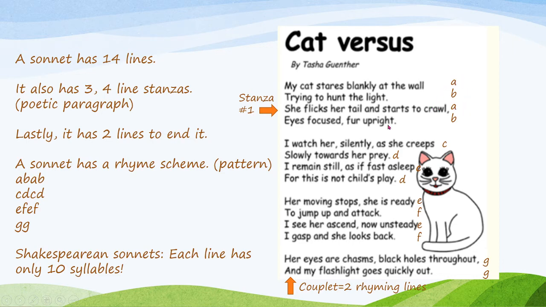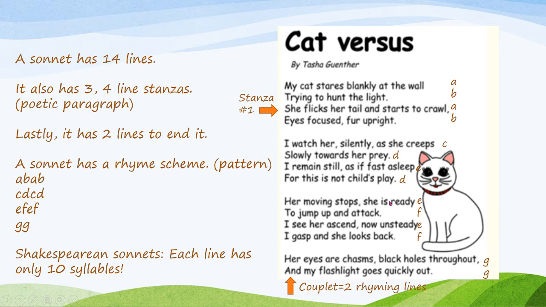A, light, upright, B, B. Look at the next stanza, stanza number 2, and it follows the rhyme scheme C, D, C, D. So these 2 last words should rhyme. C and C should rhyme. Creeps, asleep, pray, play.